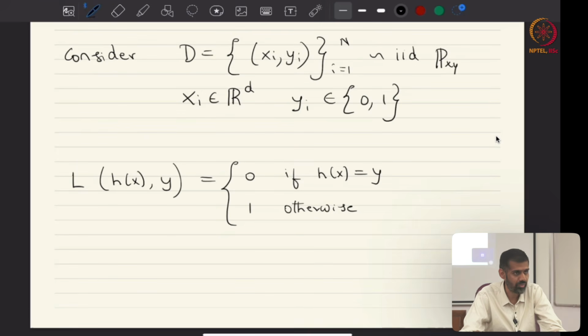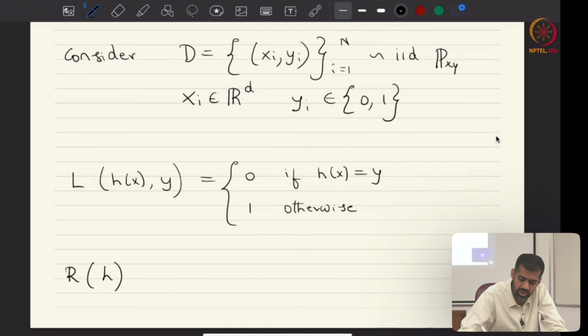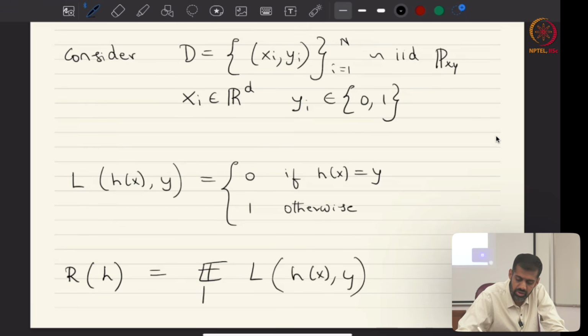Is that okay? Now with this, the true risk that I am talking about is the expectation of the loss function, and the expectation is taken over the joint distribution of x and y. This is what it is. Now the question is, I would want to get the minimizer for this. What is the h function that would minimize this?